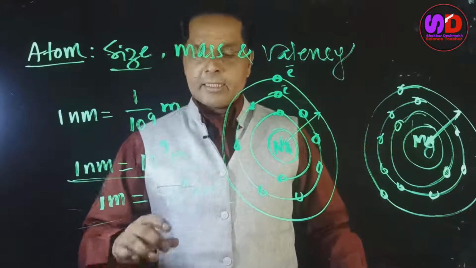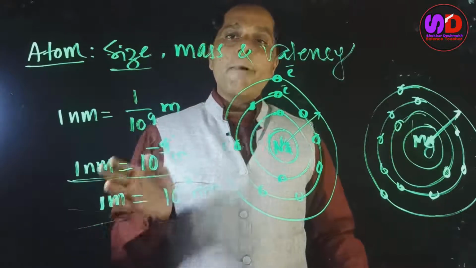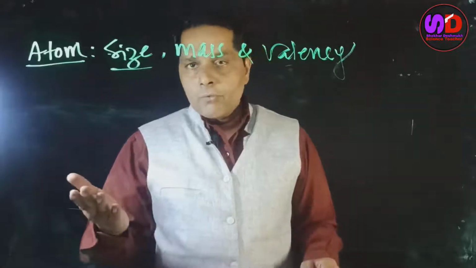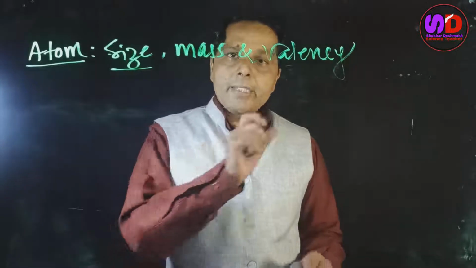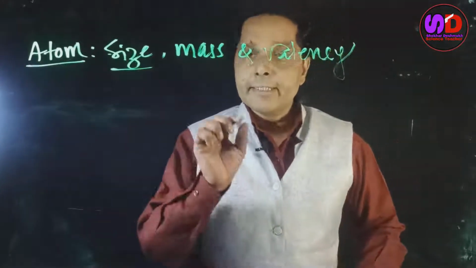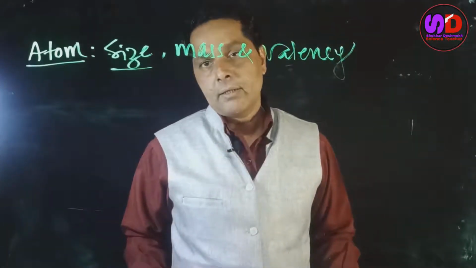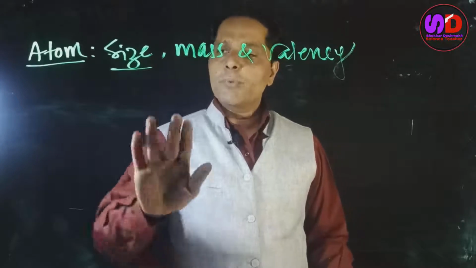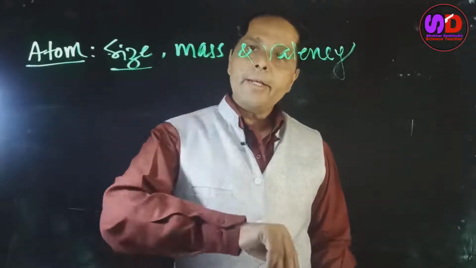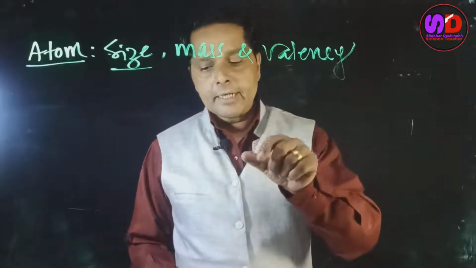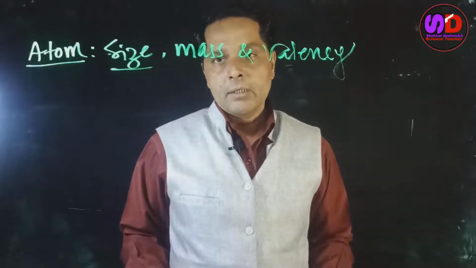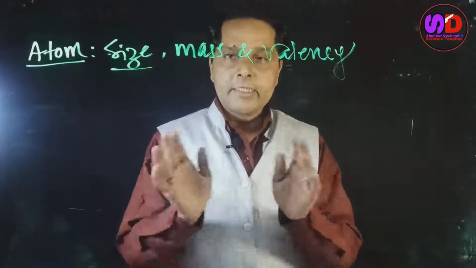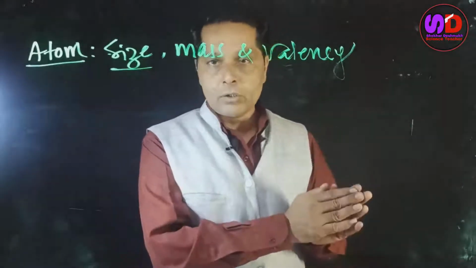Now let us discuss the mass of an atom. We have seen just now that the mass of the atom is concentrated in its nucleus, because the protons and neutrons, which are massive particles of the atom, are present inside the nucleus. An atom has three particles: proton, neutron, electrons.